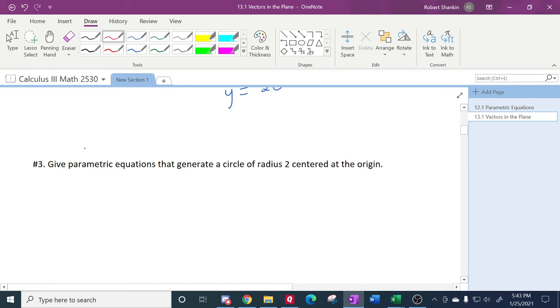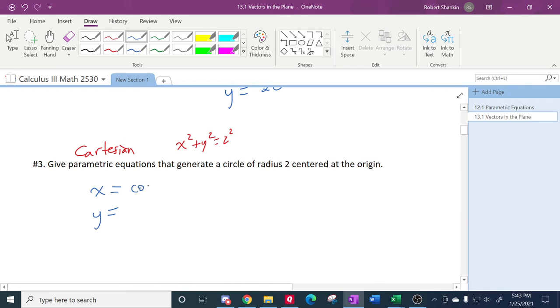Okay, again, if this was give Cartesian equation, it would be x squared plus y squared equals 2 squared. But for parametric, x and y in terms of t, and you can do this in either order.